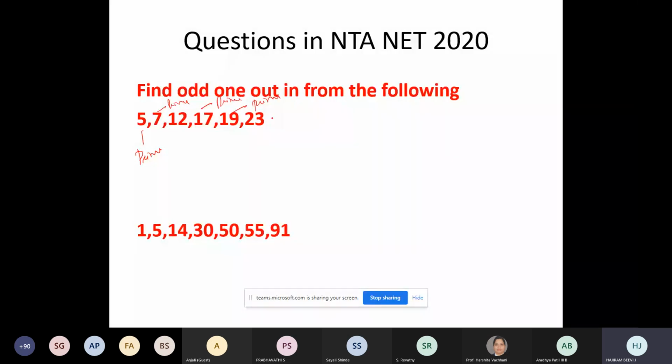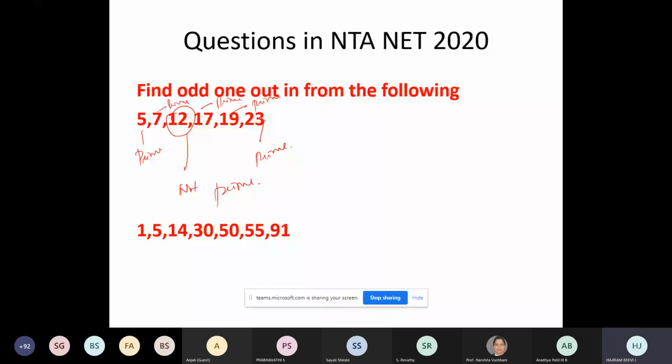Then 23 also prime. So here only 12 is not prime, so that is the odd one. All other terms are prime. Only 12 is the non-prime number.